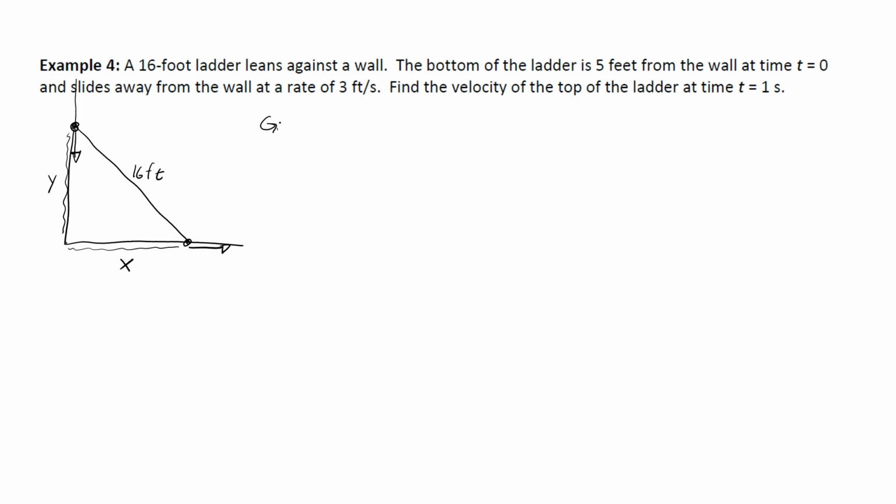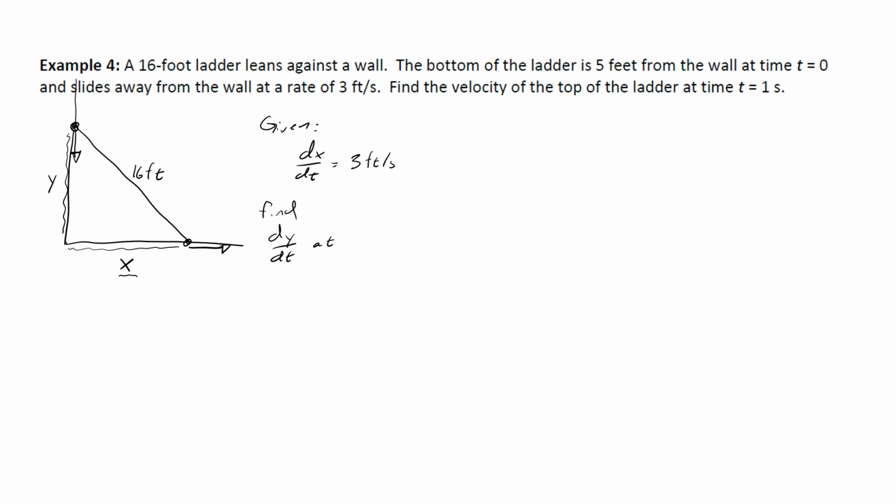So again, it's always good to write down my given, and because I've labeled everything with variables, and this is x, I'm going to say dx dt is equal to 3 feet per second. Okay, and then I want to find dy dt, find dy dt at, I don't know where I want to find this at actually.